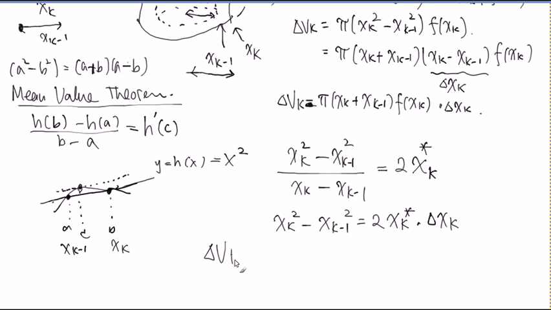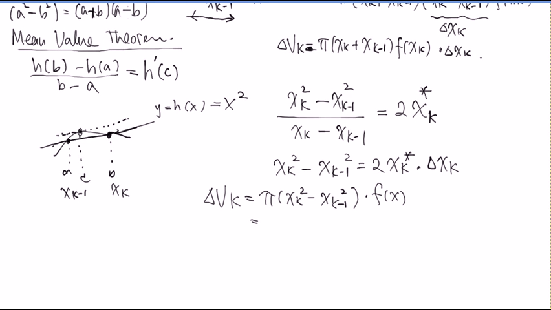The volume V_k of that thin cylinder was pi times (x_k squared minus x_{k-1} squared) times f(x). Now the mean value theorem gives some magic formulation of this thing, x_k squared minus x_{k-1} squared, as 2 times x_k star times delta x_k.